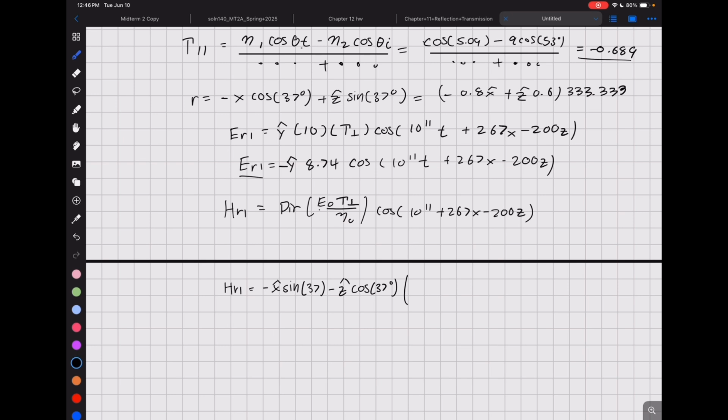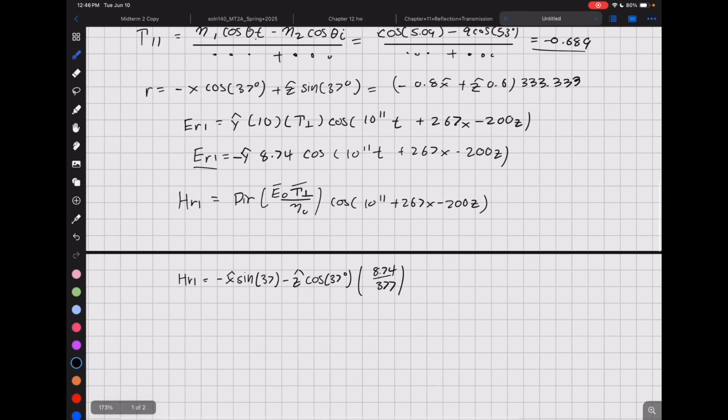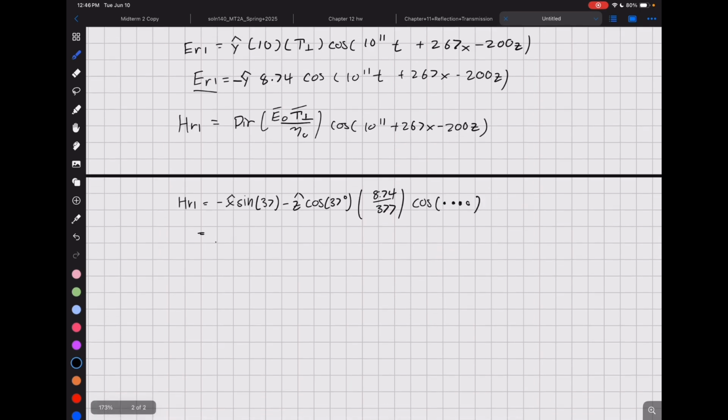And then we're going to have our eta naught and gamma, so 8.74 over 377, and cosine of the same stuff, because it's all in phase. We're going to get negative x 0.6 minus z hat 0.8 times 8.74 over 377 cosine.